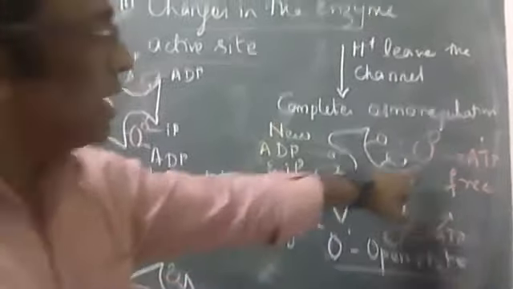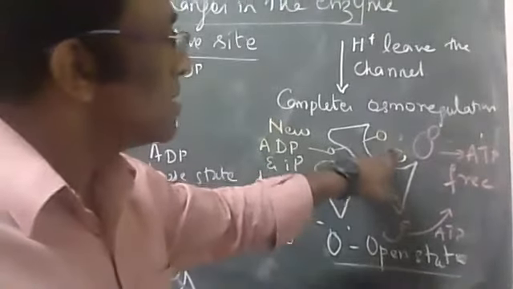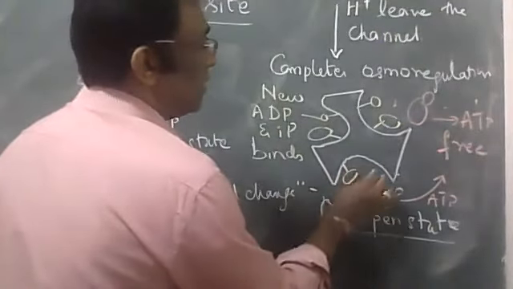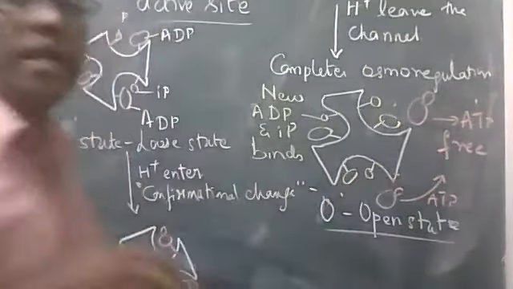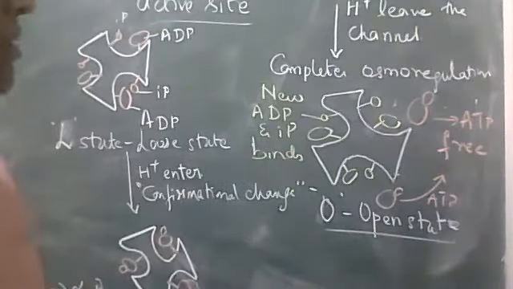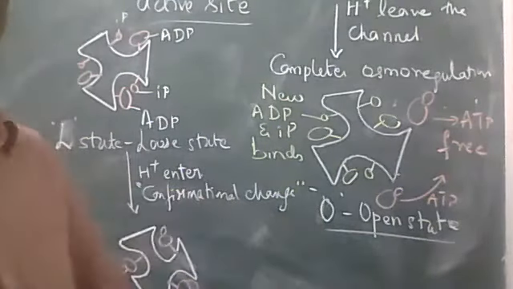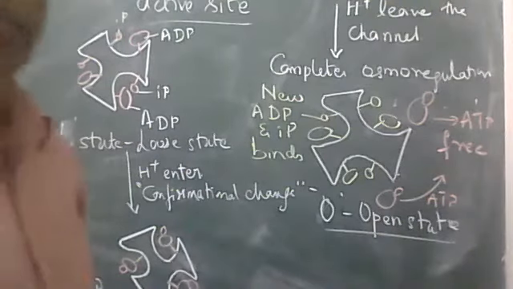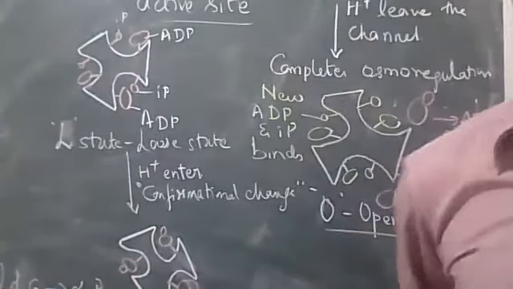That time ATP is free. And what are these? New ADP and inorganic phosphate, sir. New ADP and inorganic phosphates have bound. This is called as O state or open state. This much you have to understand and write in the exam for oxidative phosphorylation.